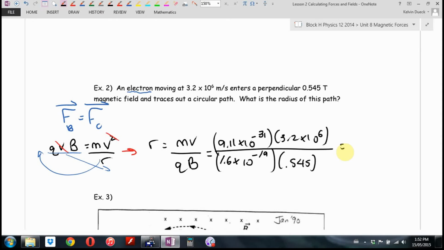In July, on my screen, a reminder will pop up reminding me to change these numbers because they're terrible. I think you get something in the 10 to the negative 5 range, which is crazy small, because 10 to the negative 3 is millimeters, so 10 to the negative 5 would be hundredths of a millimeter. I'm not even sure our human eyes could spot that. But anyways, Mr. Dueck making up bad numbers. What do you get?